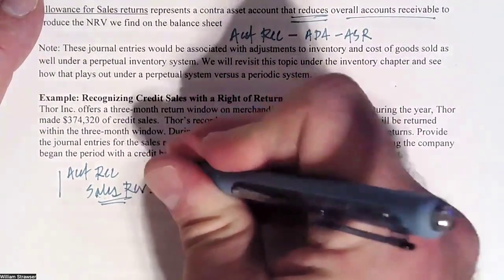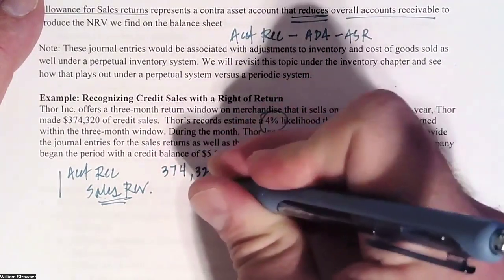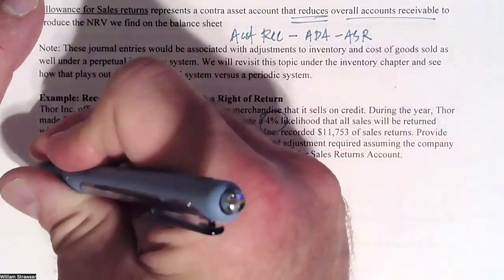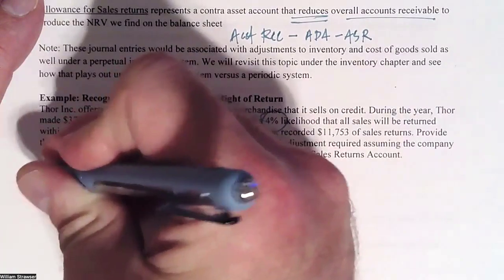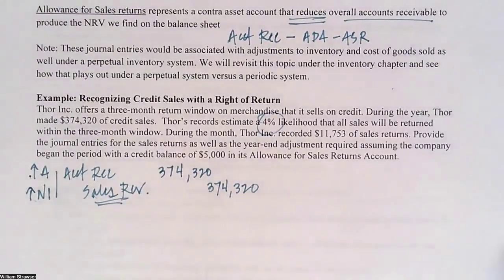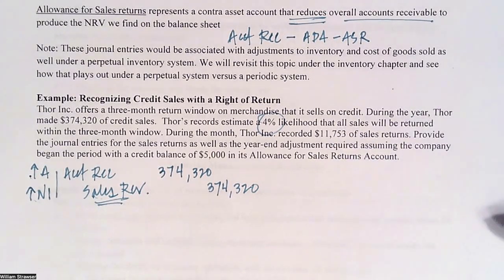It has to be deferred revenue. So we have $374,320 here of credit sales we've made, and the customer has rolled away with those products. During the month, we have $11,753 of sales returns.